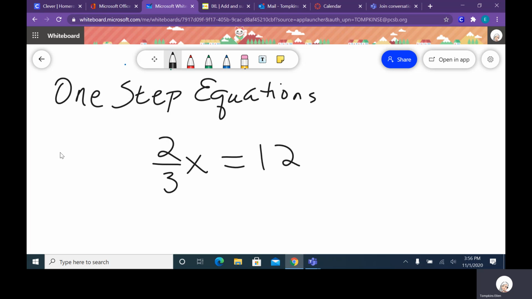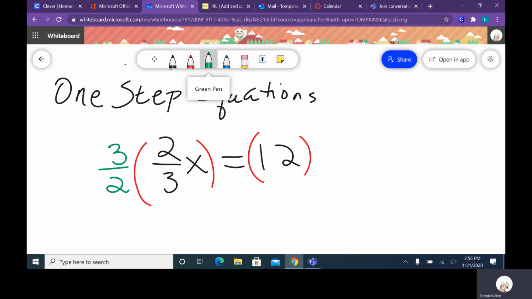So we're still going to undo it with multiplication. And again, we're going to multiply on both sides by the reciprocal. And the reciprocal here is 3 over 2. The reciprocal is the flipped over fraction. So I'm going to do that here, 3 over 2. I need to put that 12 over 1 this time.